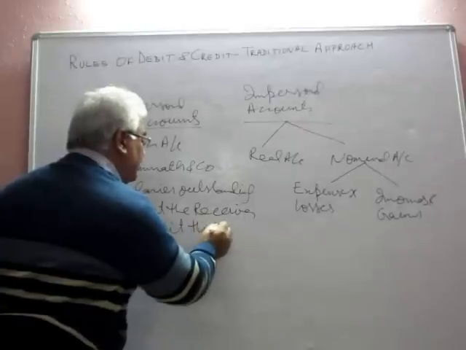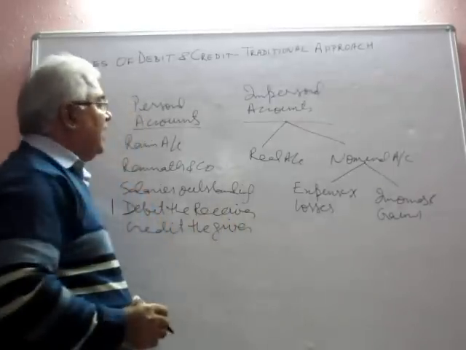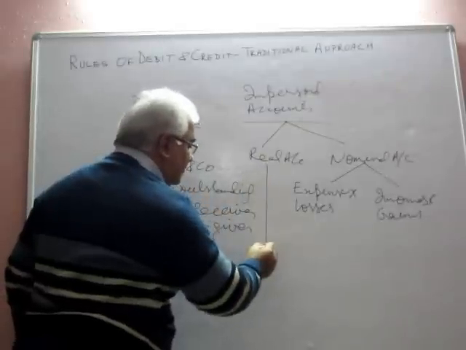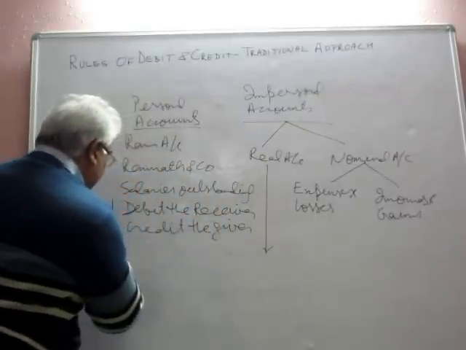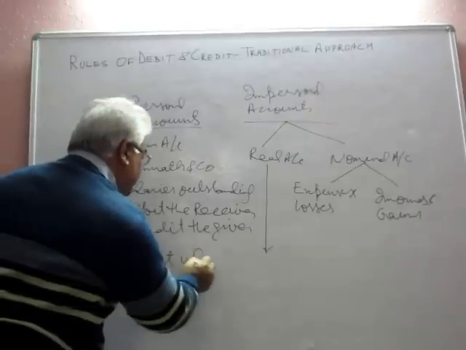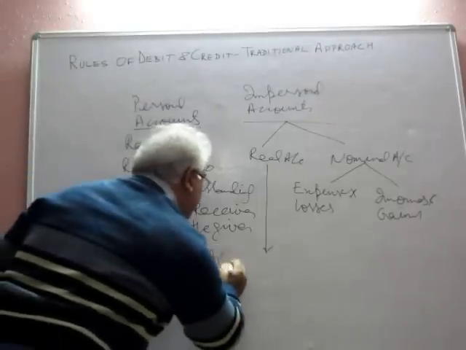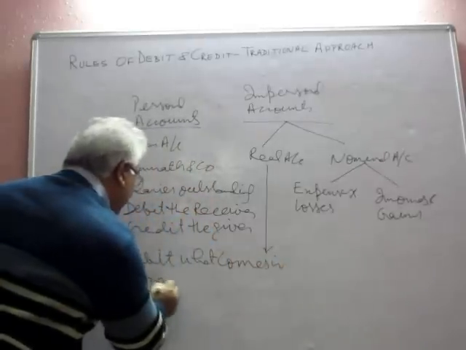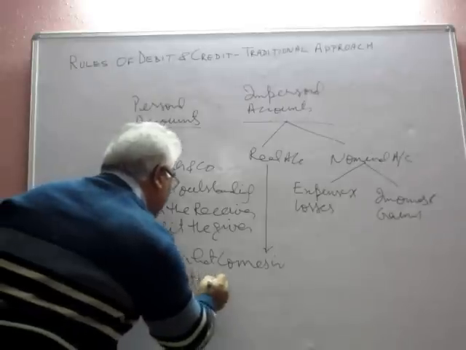That's very simple to understand. And for real accounts the rule is debit what comes in and credit what goes out.